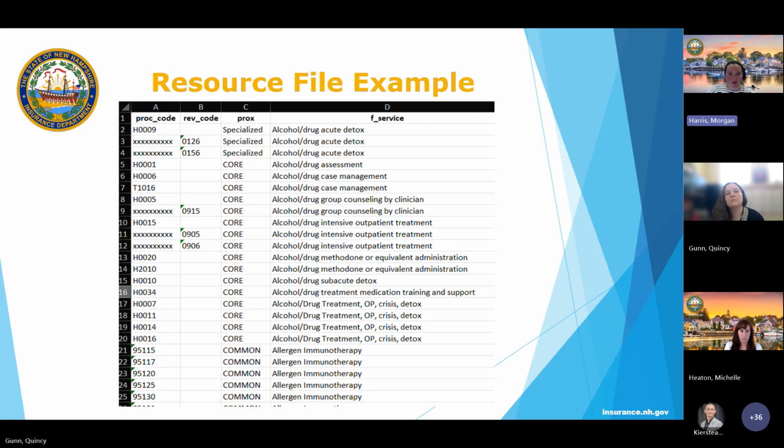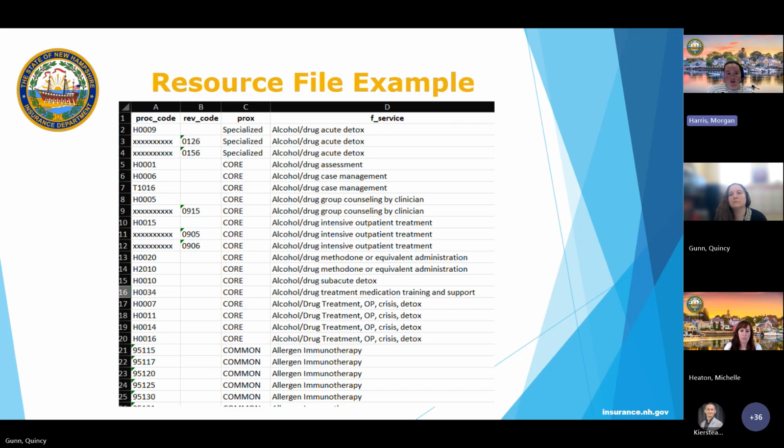One thing that we've also done recently, in the past couple years, is we added the whole list of CPT codes into that resource file as well, so that you all can go in and see for each service that we're testing for, which billing codes we are using to determine who is billing for those services. This is a good tool for you all to go in and use your own claims experience.